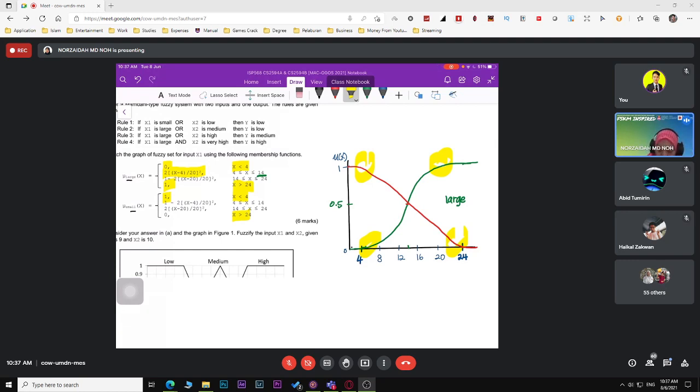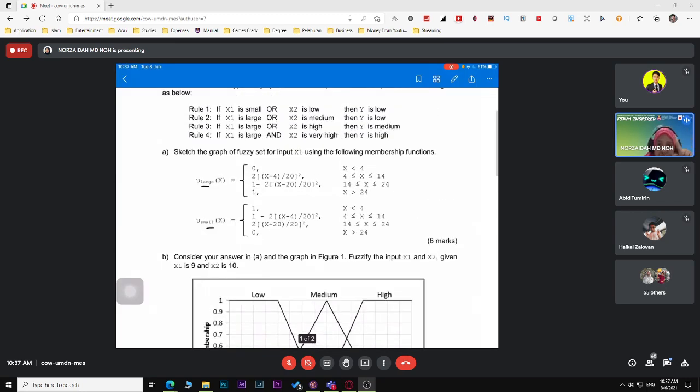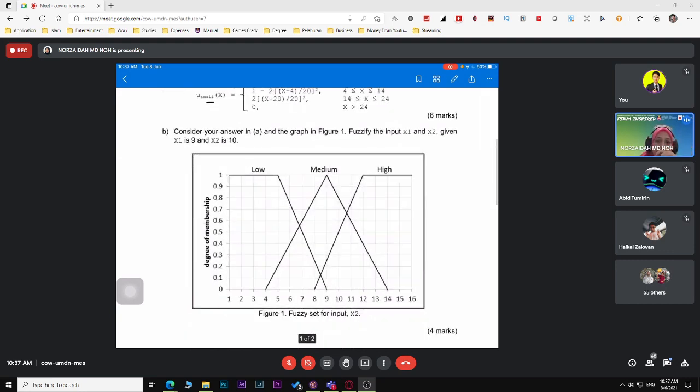Okay, let's go back to the question earlier. If we look at this question again, you already have the first graph, for X is small, X is large, and then we have X is low, medium, high, which uses the graph given here. So you consider your answer in A, which is your graph earlier, to use for fuzzification of value X1, and then you use this graph for X2.